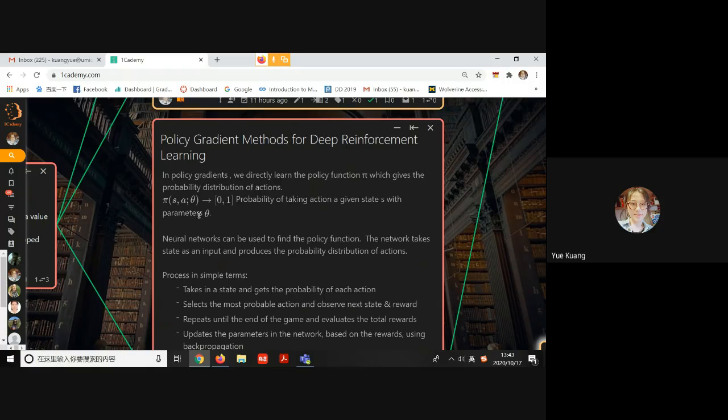The parameter theta is the parameters for the policy function pi. Neural networks can be used to find the policy function. The network takes the state as an input and produces the probability distribution of actions.